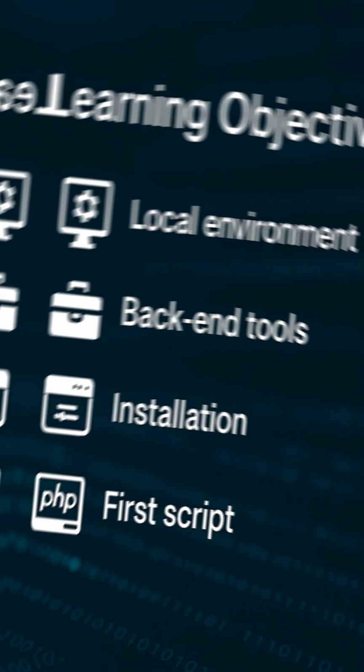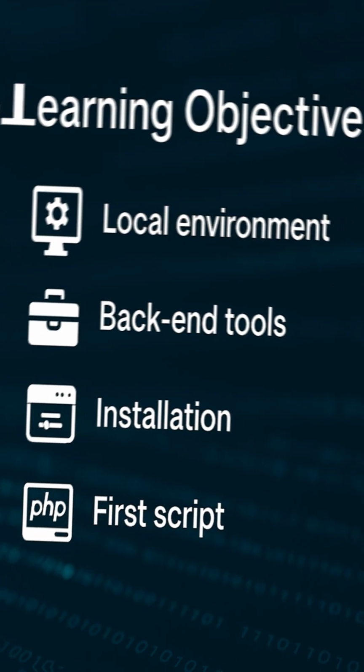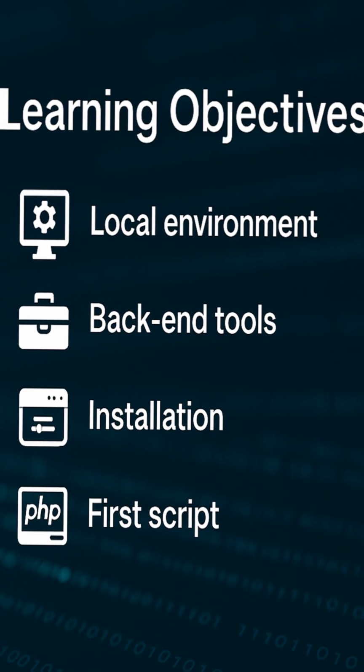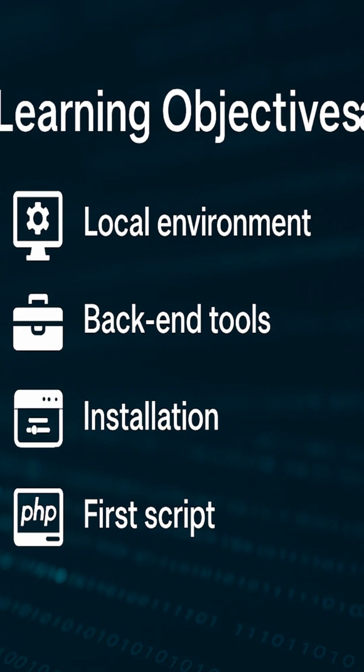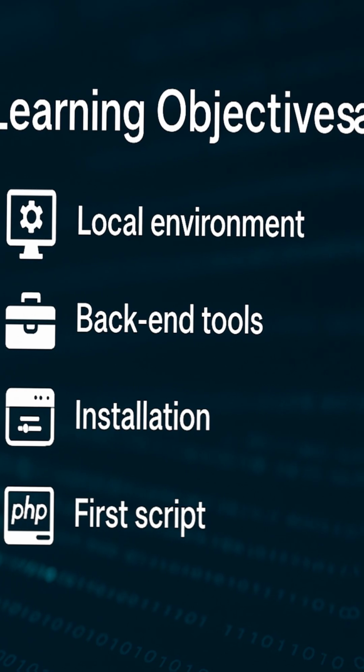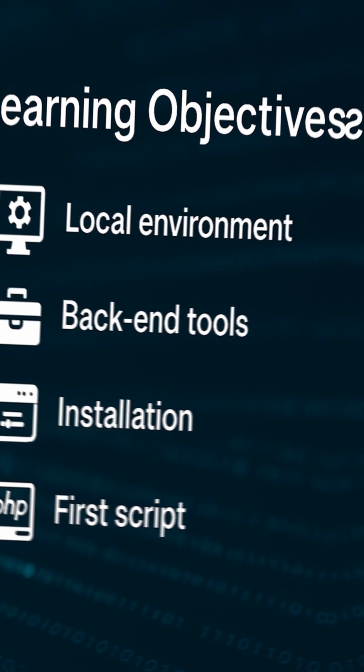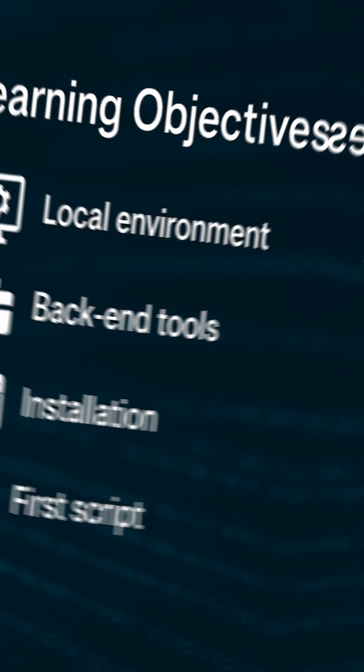Alright, let's look at the learning objectives for today's lecture. By the end of this session, you will be able to understand what a local development environment is. You will also identify the tools needed for backend development, and you will be able to install and configure a local server using XAMPP or WAMP.